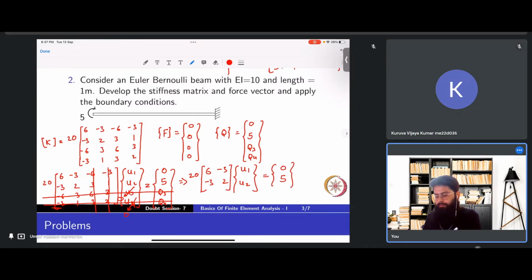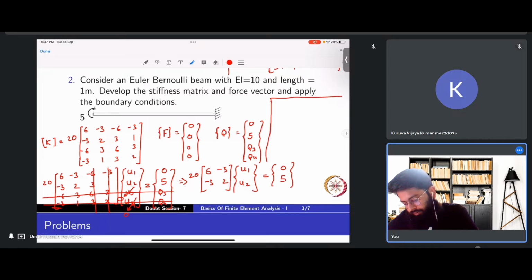This, right? So should we try to solve this? We can. So for the first equation, let's put it here. We have 6u1 minus 3u2 equals 0.